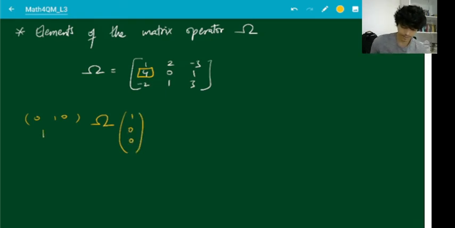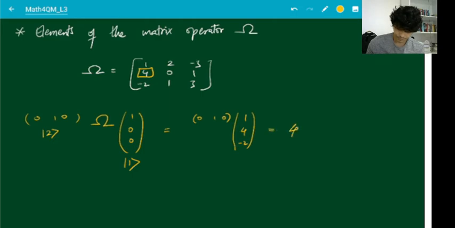So this is basically your 2 and this is your 1. Do this explicitly. 0 1 0, and this operating on 1 0 0 gives me 1 4 minus 2, and then this is just 4.